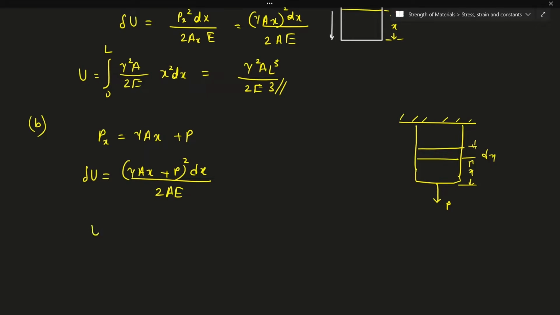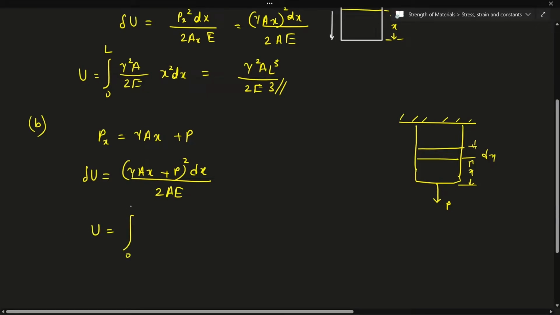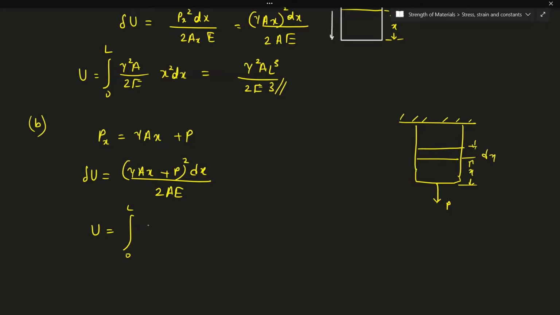Now this total strain energy is integral 0 to L, and if I expand this, I'm going to end up with gamma square A square x square plus P square plus 2 gamma A x P, whole multiplied by dx, and in the denominator I have 2AE.